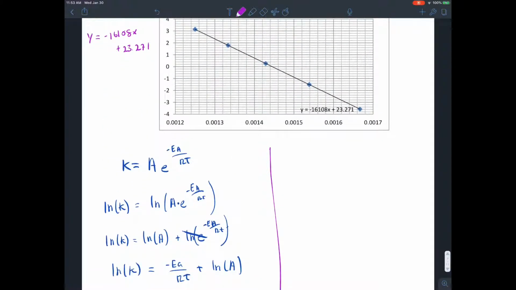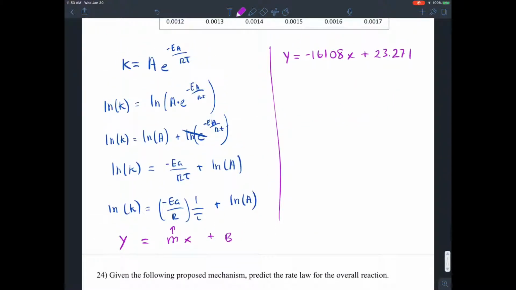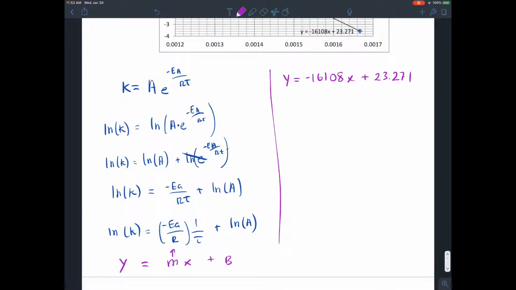equation that they wrote. y is equal to negative 16108 x plus 23.271. Based off the equation we wrote, we said that the natural log of A, where A is our frequency factor, so this ln of A we can equate to the 23.271 to determine what our frequency factor is.